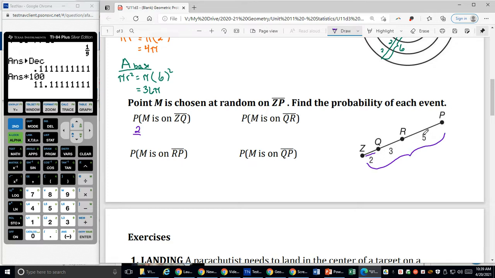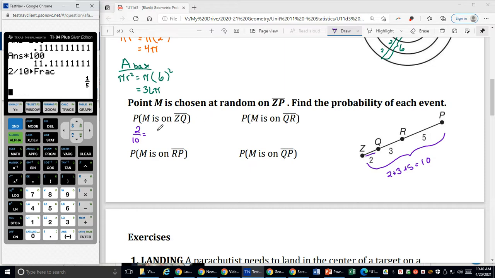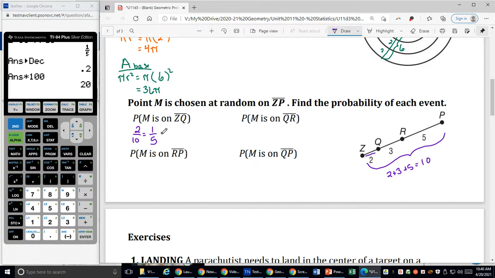So 2 plus 3 plus 5, that's 2 plus 3 is 5, plus another 5 is 10. So 2 out of 10, which is going to be 1/5. And 1/5 as a decimal times 100 is 20%. Both of these are correct answers.